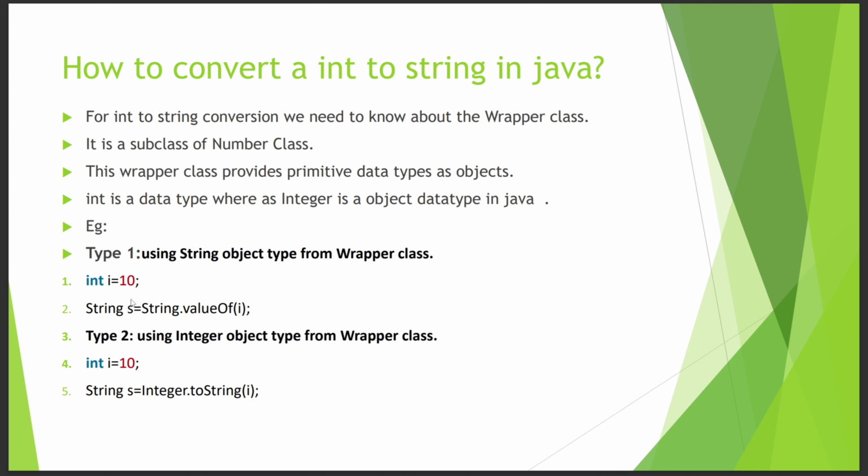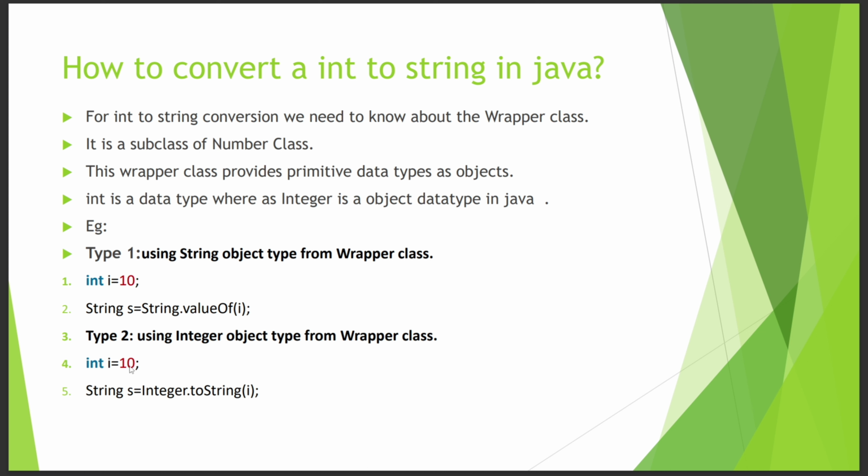First one is by using the String object type from the wrapper class. String object is an object for the data type of string. By using this, we can convert from integer to string. The second is using the Integer object type from the wrapper class. Integer is an object for int. String s is equal to Integer.toString of i.